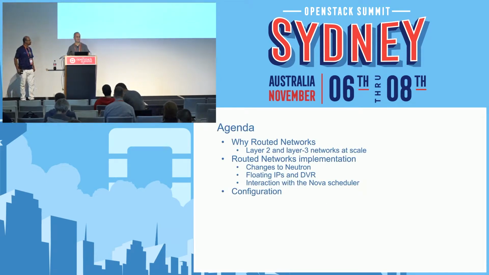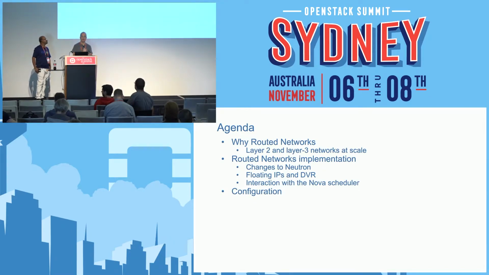So this is our agenda for today. We are going to talk about the motivation for routed networks. And then we are going to talk about some of the details of routed networks implementation. This presentation was already given a year ago in Barcelona. Some of this presentation.